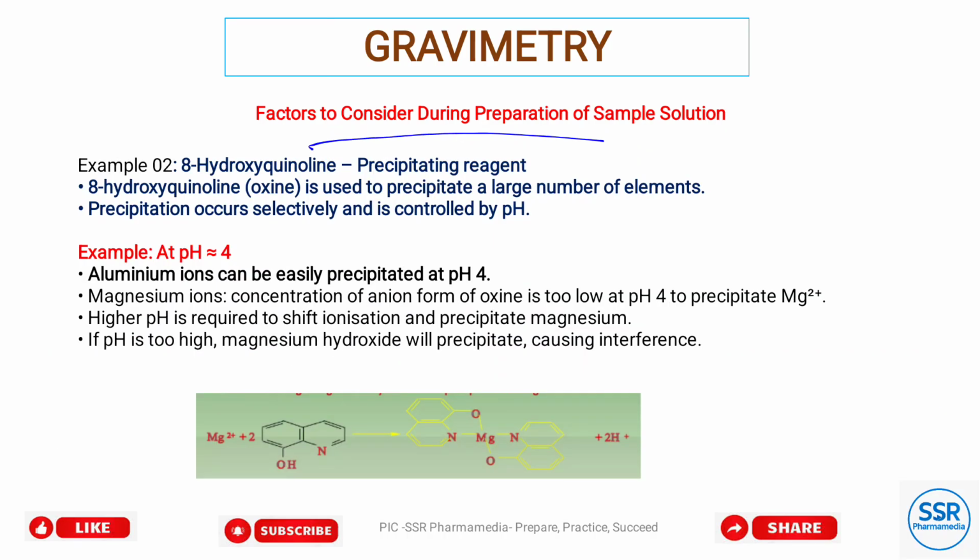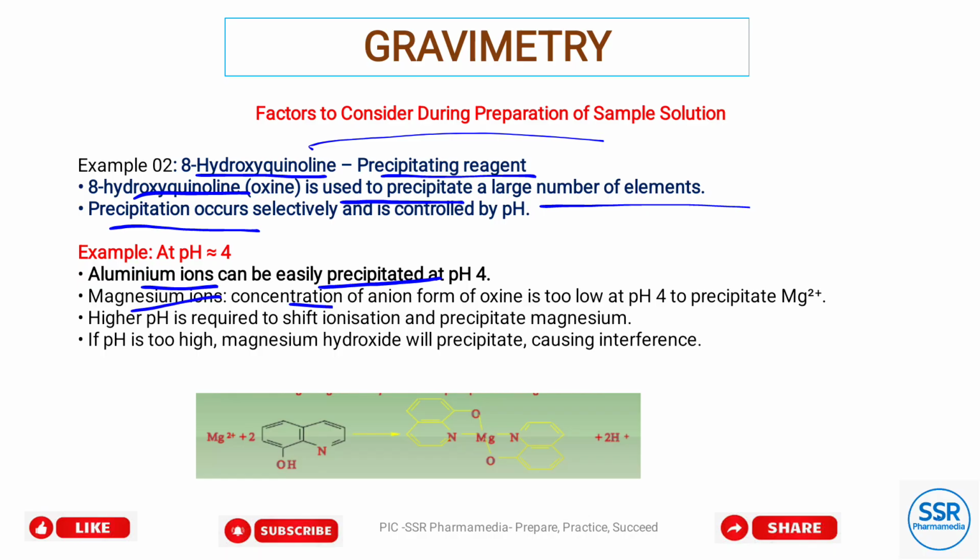Second example: 8-hydroxyquinoline, used as a precipitating agent. 8-hydroxyquinoline, or oxine, is used to precipitate a large number of elements, and precipitation occurs selectively and is controlled by pH. An aluminum ion can be easily precipitated at pH 4.